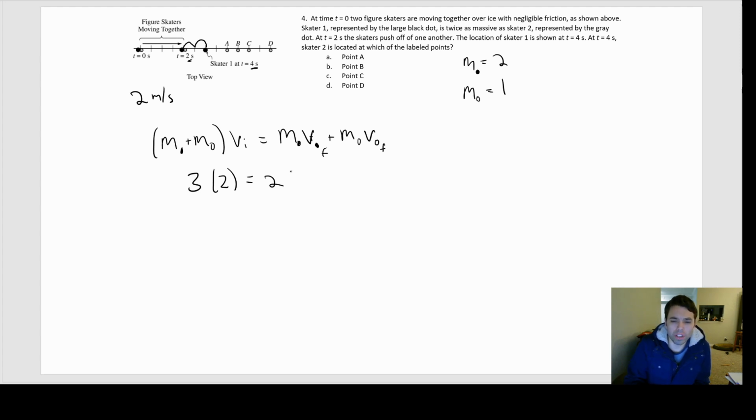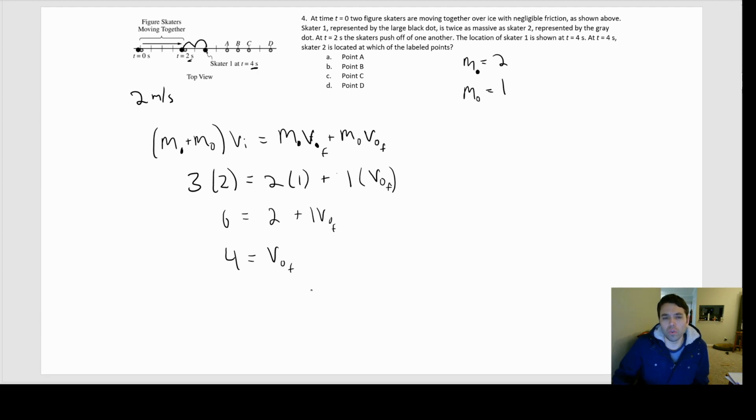Well, that's 1 meter a second, right? Plus mass of the white object is 1 times its velocity, which we don't know, as we're looking for. And we're going to solve for it: 3 times 2 is 6, equals 2 plus 1 times VF. Minus 2 both sides, we get 4 equals 1 times VF, or just VF on the gray dot is 4.